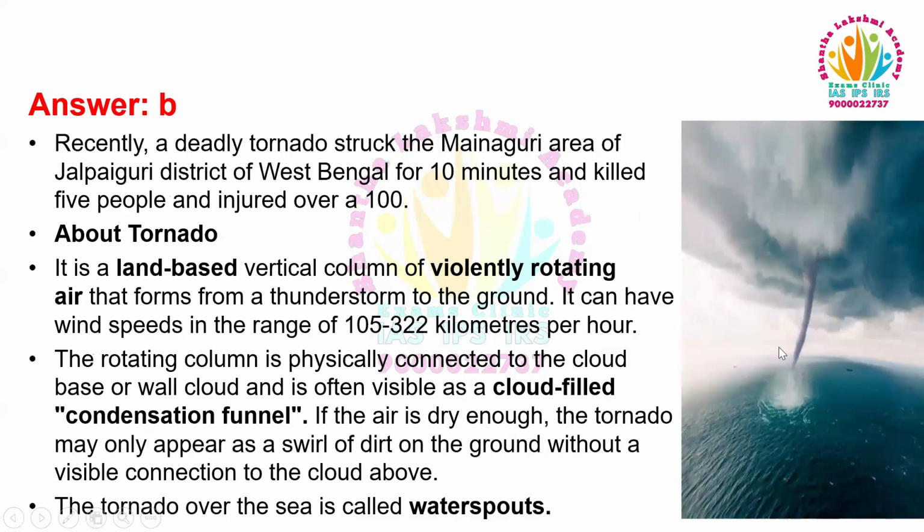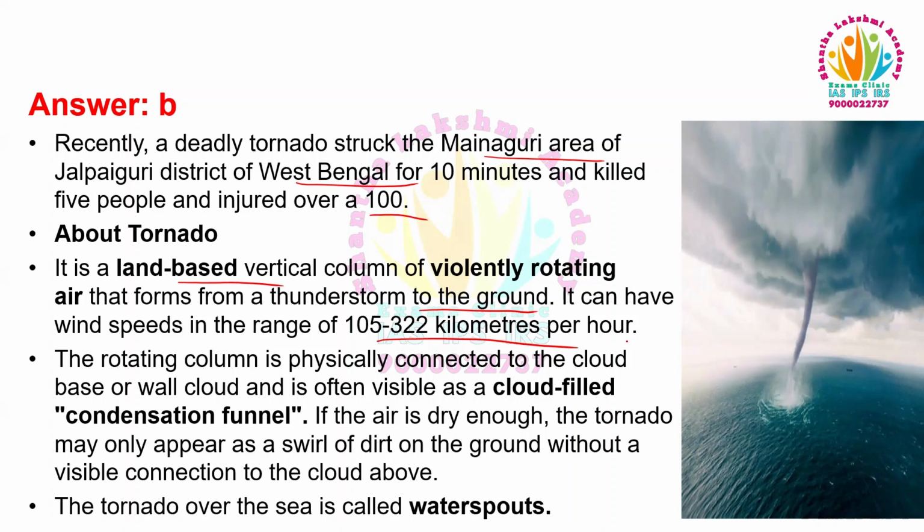This was in news recently. A deadly tornado struck the Mainaguri area of Jalpaiguri district of West Bengal for 10 minutes and killed 5 people and injured over 100. About tornado, it is a land-based vertical column of violently rotating air that forms from the thunderstorm to the ground. It can have wind speeds in the range of 105 to 322 km per hour.